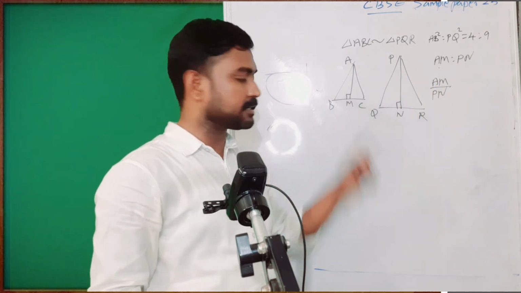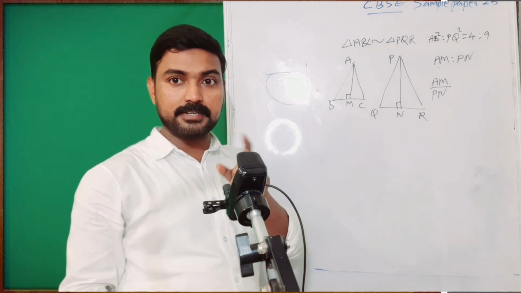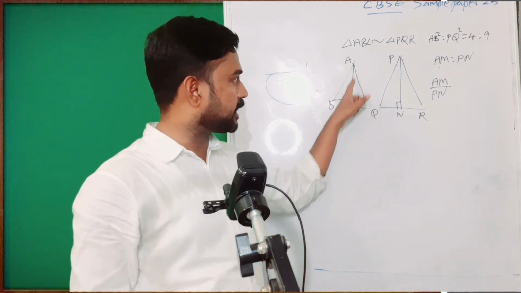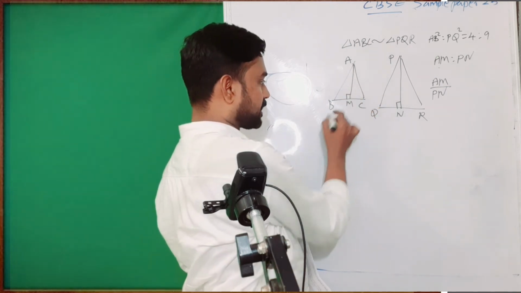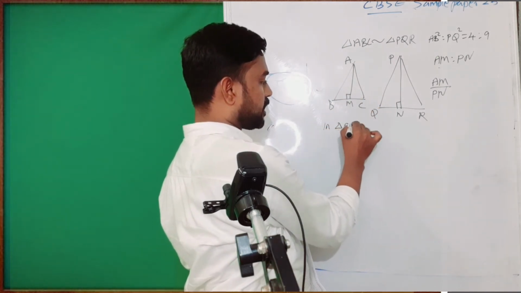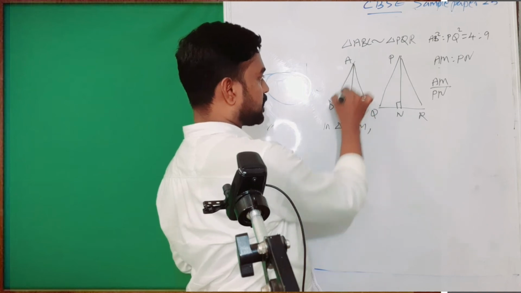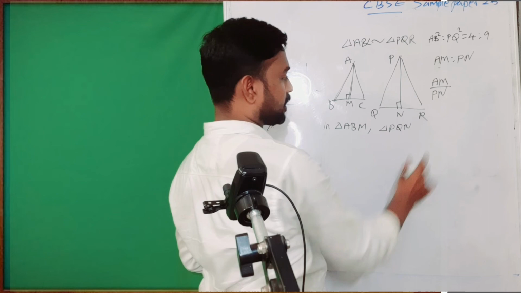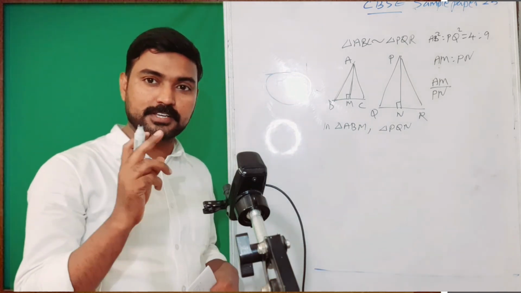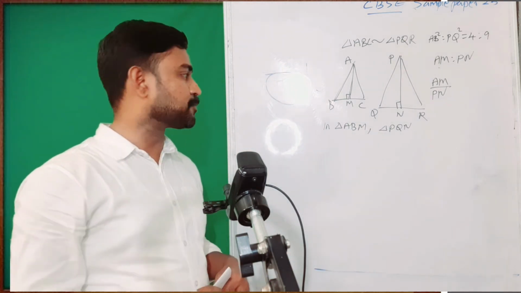We can find this ratio in a triangle by using similarity criteria. We can prove this using the triangles that include AM and PN. Can you see that AM is included in one triangle, the small triangle ABM? And here one small triangle is the triangle PQN. Can you prove these two triangles are similar by using the AA similarity rule? Yes, it is possible.